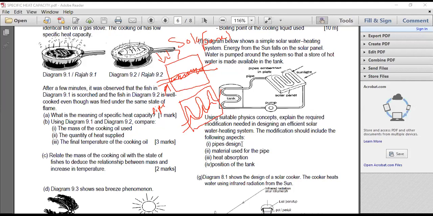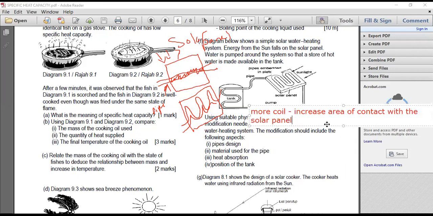Reason: increase area of contact with the solar panel. Okay, this is the pipe design.